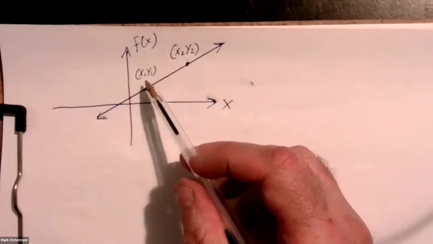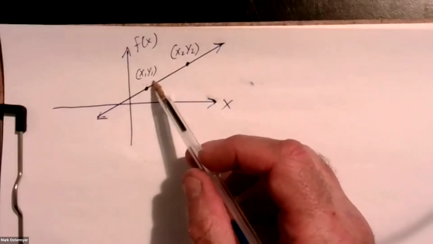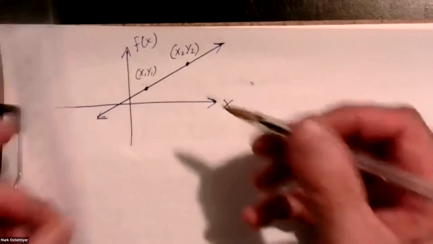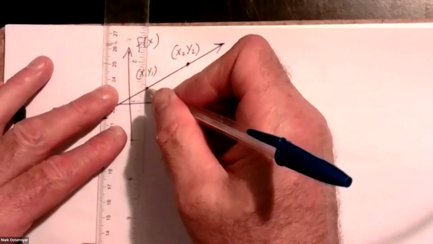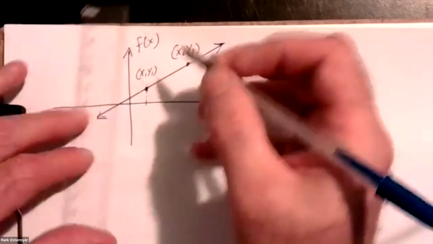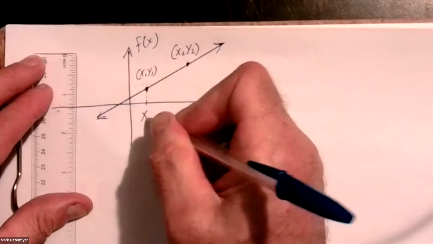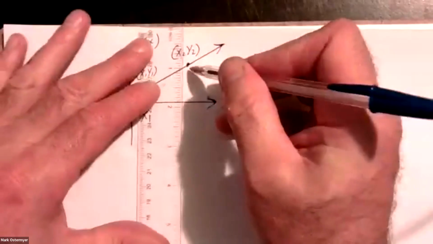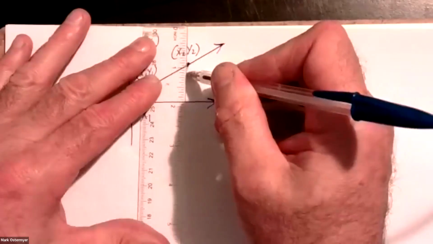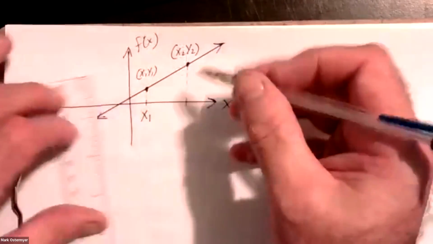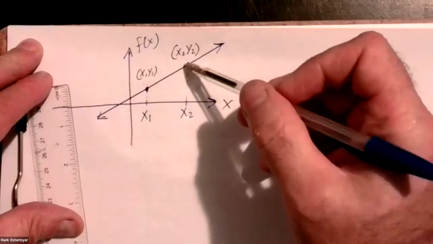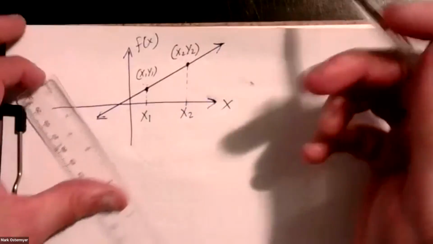These are called subscripted variables, x sub 1, y sub 1 versus x sub 2, y sub 2. I'm going to drop this point vertically down to the x-axis, and it would strike the tick mark on the x-axis, which is x sub 1, because that's the x-coordinate of this point. Similarly, dropping this point vertically down to the x-axis, it would strike the tick mark of x sub 2, because that's its x-coordinate.